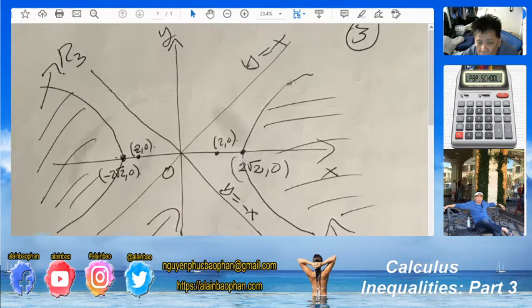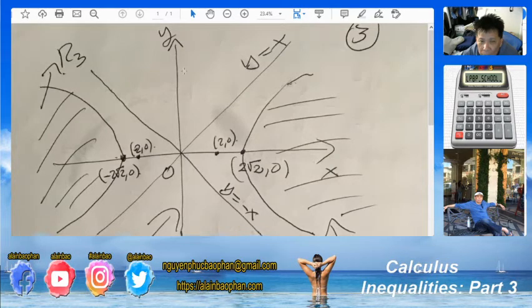The focus will lie on the x-axis, or will lie on the y-axis. By looking at the form of the equation, if it is x squared over a squared minus y squared over b squared equals 1, then the focus will be lying on the x-axis.